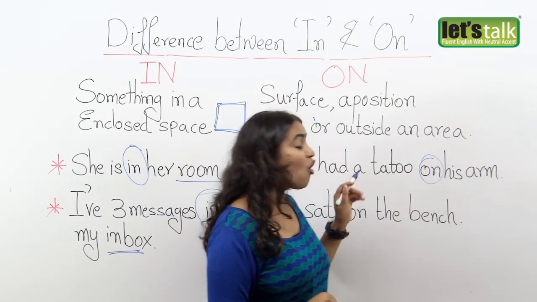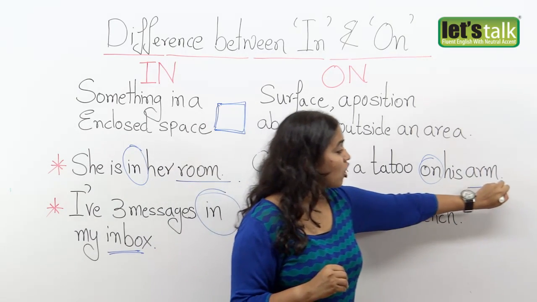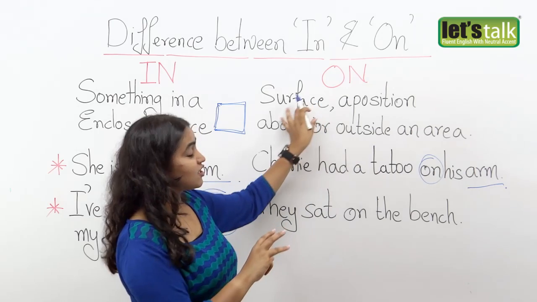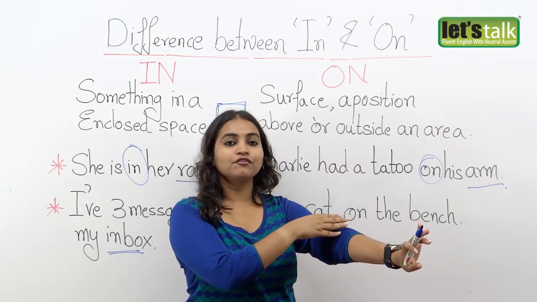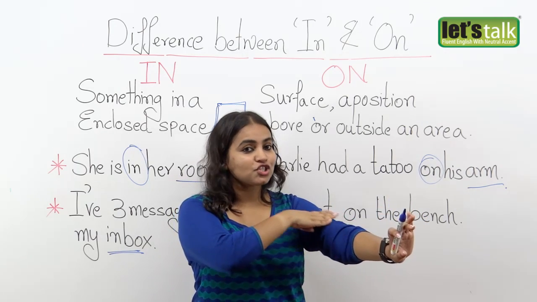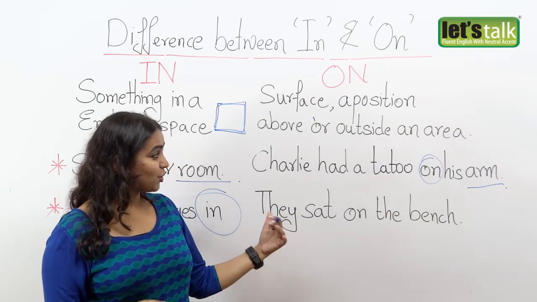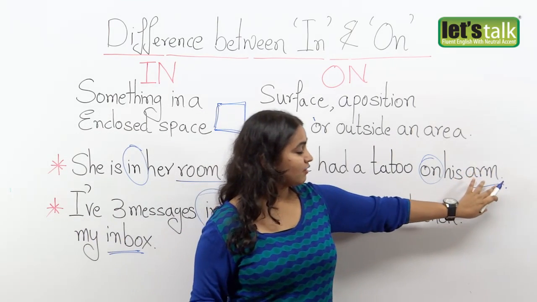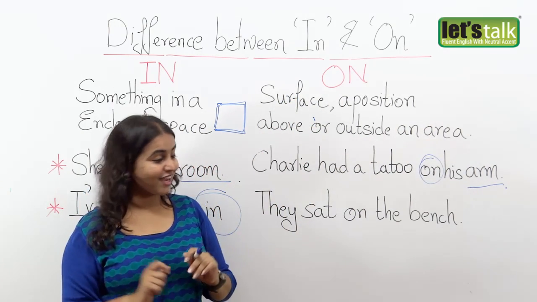Why do I say on his arm and not in his arm? An arm is a surface, okay? So whatever you do on your arm, any kind of art that you do on your arm is going to be done on the surface, not within your arm. And therefore, you will use on the arm because we're talking about a surface.